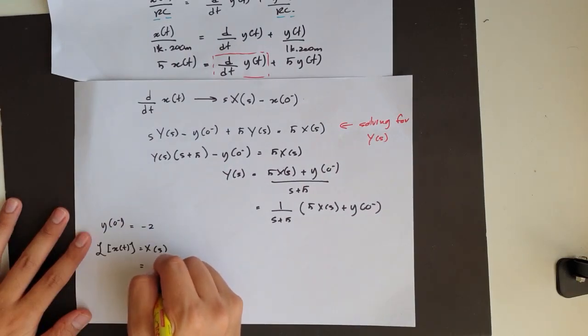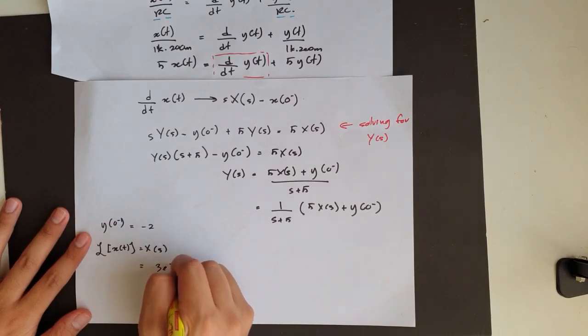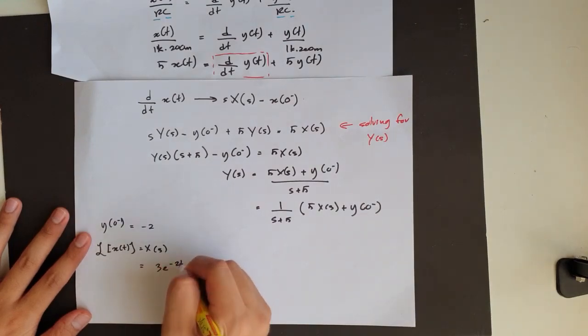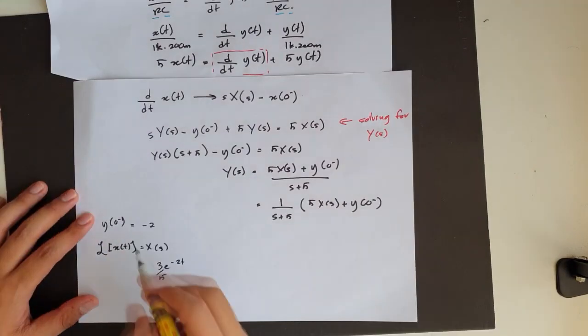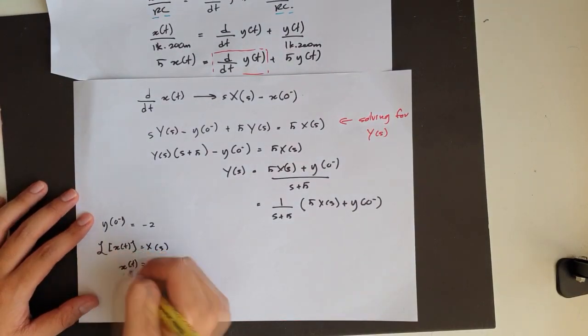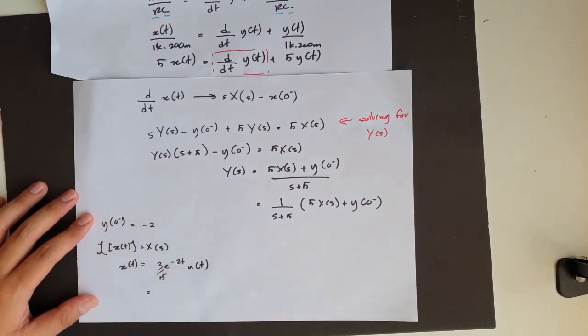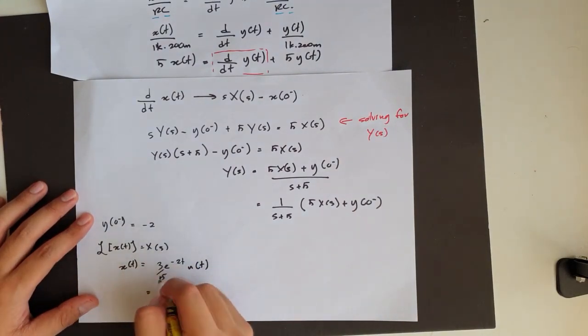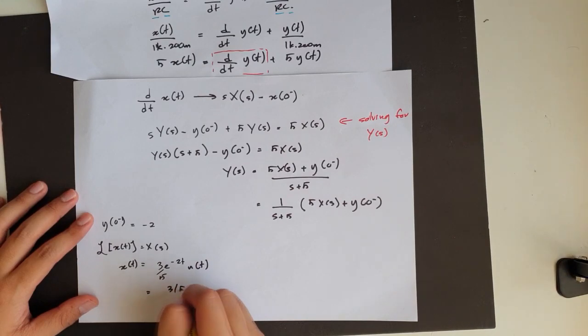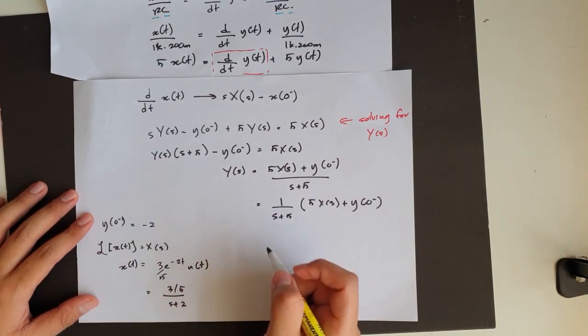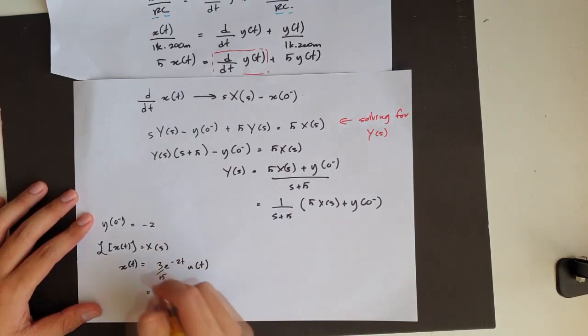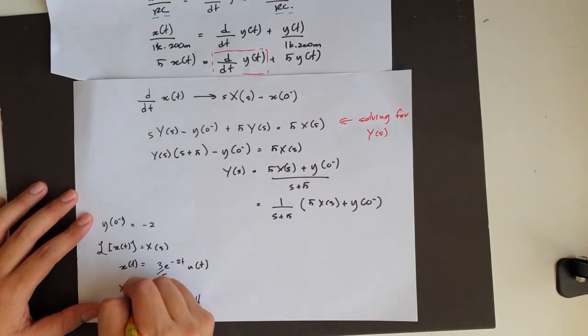After we convert, x(t) is 3/5 e^(-2t) u(t), and after we transform it, we get X(s) equal to 3/5 over (s + 2).